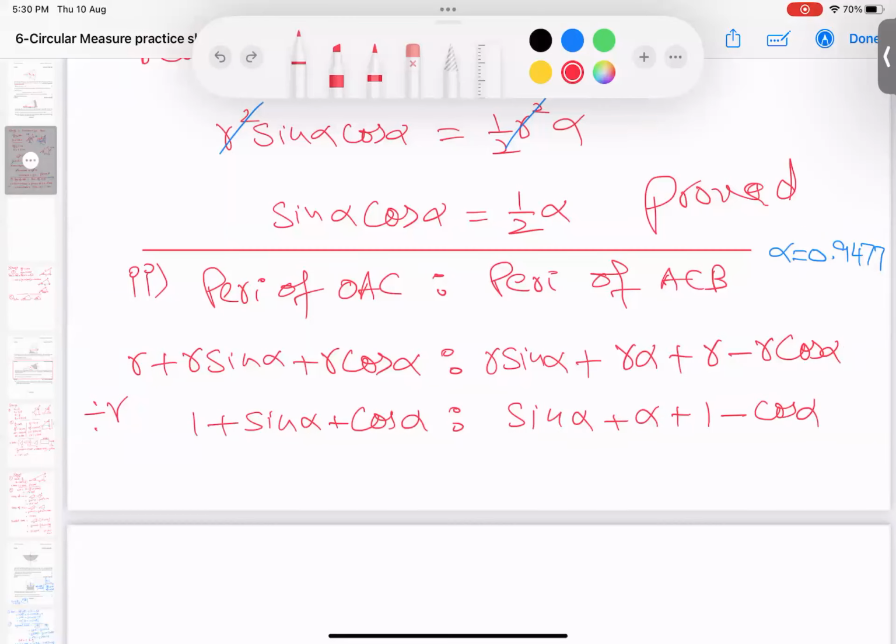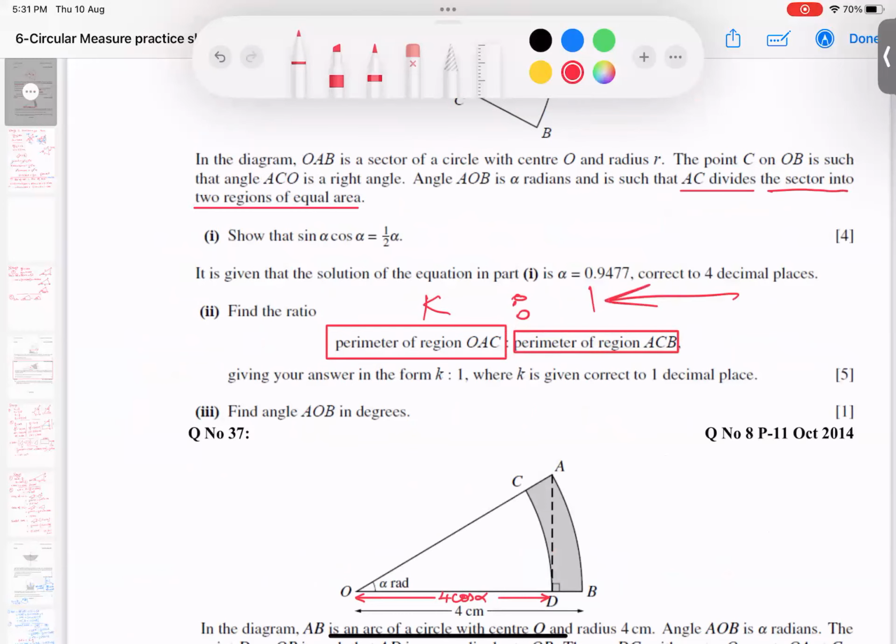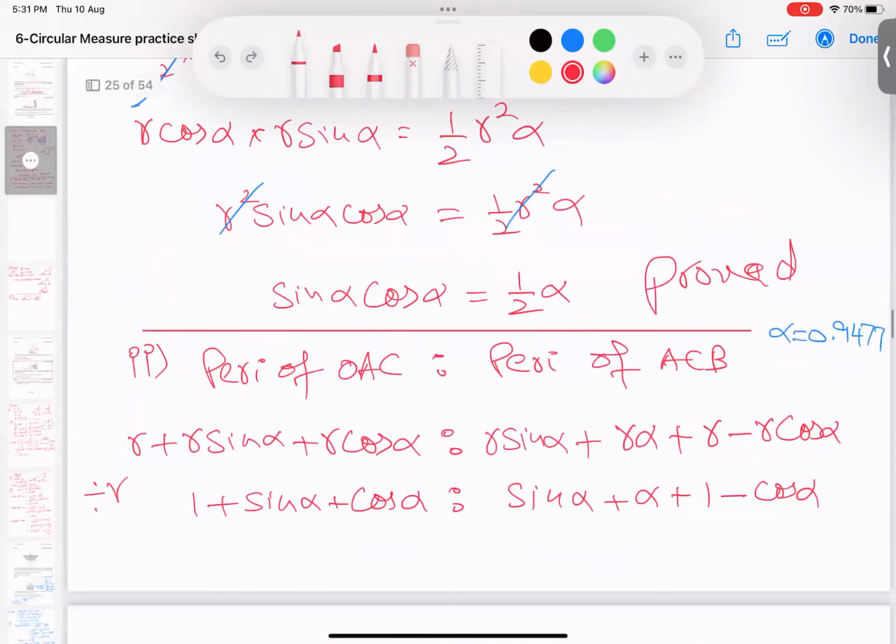I'm saving my time and typing in my calculator. What is the target to achieve? I have to give the answer as K ratio 1. It means on this side I must get a K, and here I must get a 1. So I need this number to be 1.